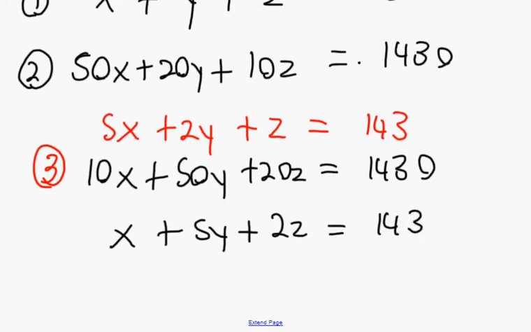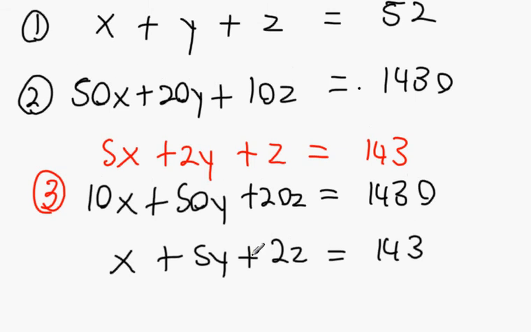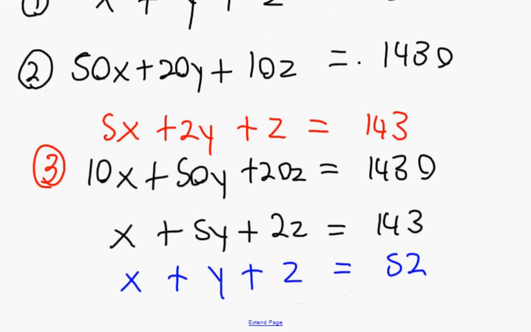My next job is to write all three equations underneath each other. So I have x plus y plus z equals 52. And then I also have 5x plus 2y plus z equals 143.